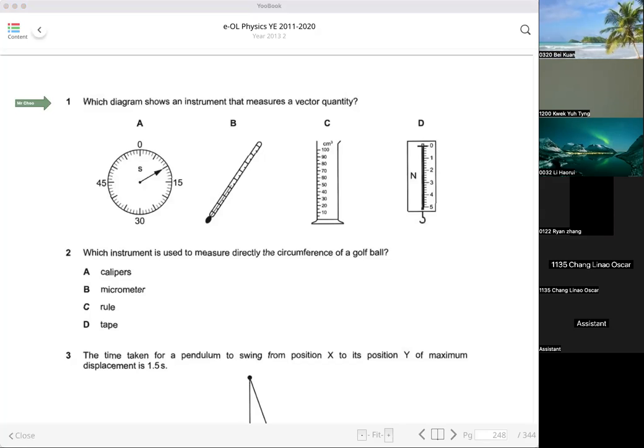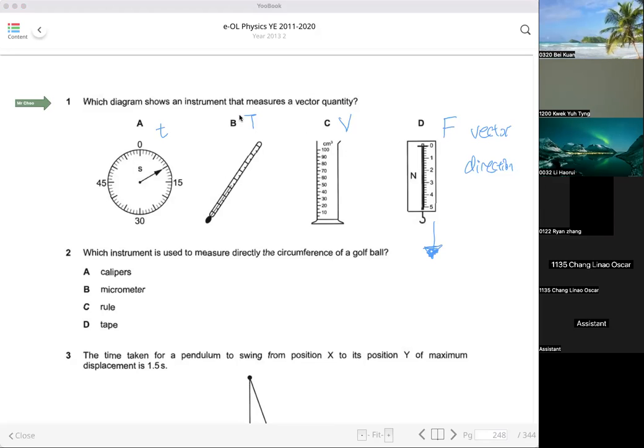Beiguan, well done. Okay, so for the four of these things, the first one is time. Time is a scalar. Temperature is a scalar. Volume is a scalar. Only force is a vector because it has a direction, which in this case is down. Volume is the amount of space that it can take up.